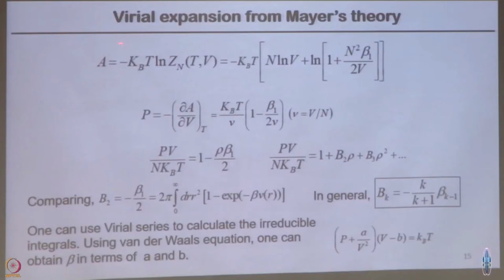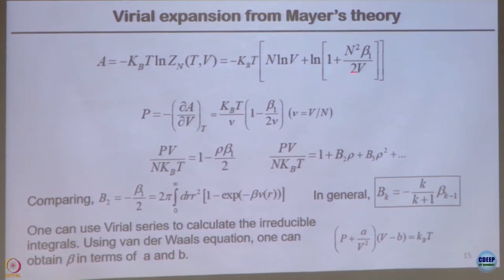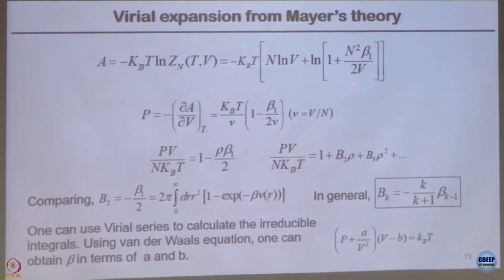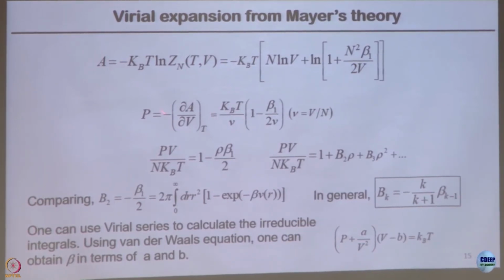This Zn, I put it back in my free energy, this definition. Then I take the log, this is a large volume, and then I take this derivative, and this becomes 1 over V, that becomes 1 here, and that derivative gives this.